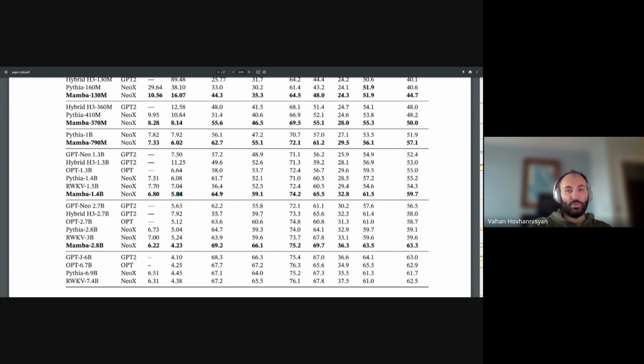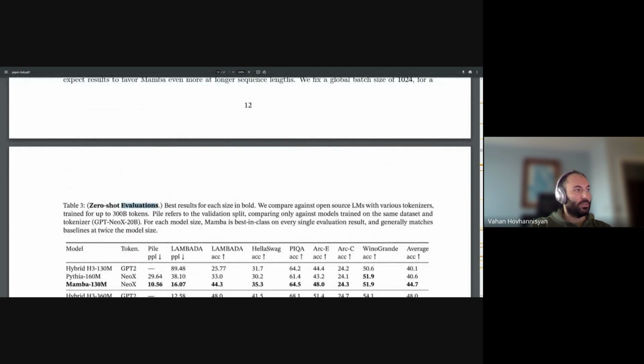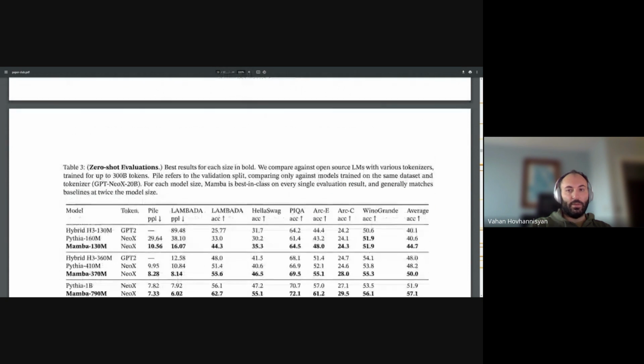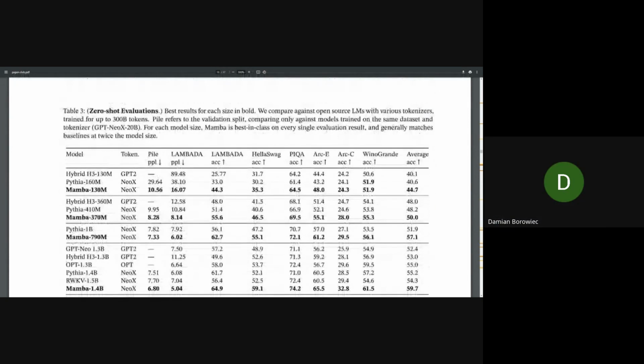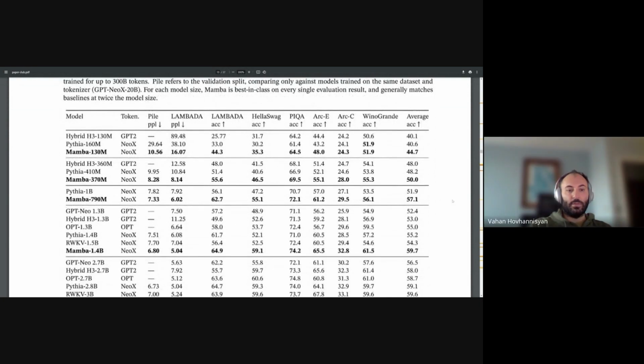Yes, it's a zero-shot evaluation. Is this what you mean, Damien? No, I meant there was no fine-tuning. By zero-shot, I think they mean they don't give examples in the prompt. Yes. But you mean fine-tune on a specific dataset? Yeah. Okay, no, there is no such thing.